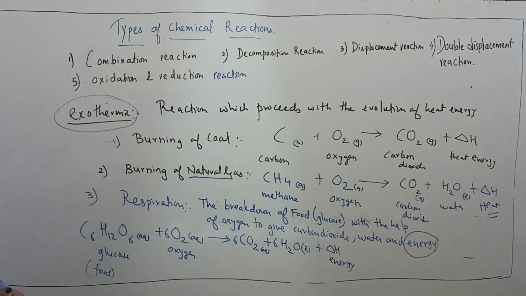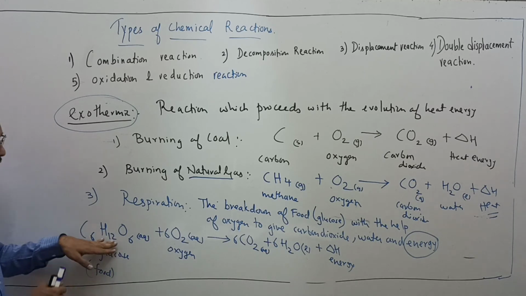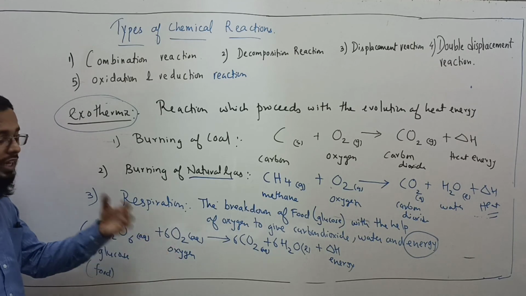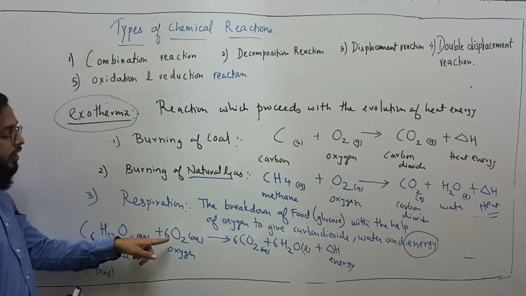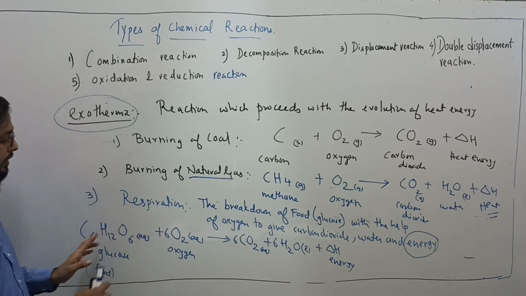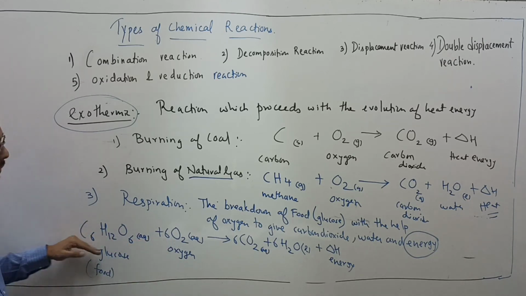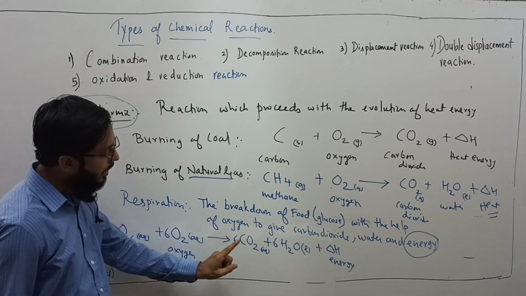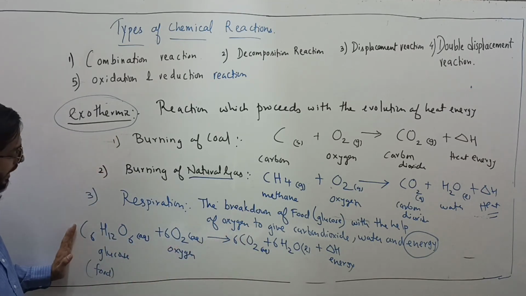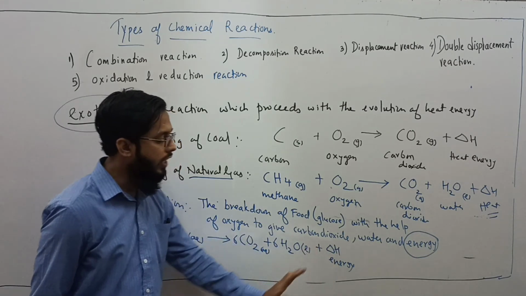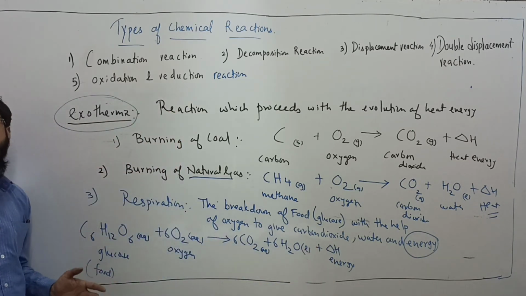So we are surviving because of the energy, and the energy we get is from food and oxygen. The food we eat is transported by blood, and the oxygen we inhale goes inside the lungs and is also transported by blood to the cells. Now this glucose, which is food, has 6 carbons and is broken down into single carbons, and during this breakdown energy is released. So respiration is an exothermic reaction.